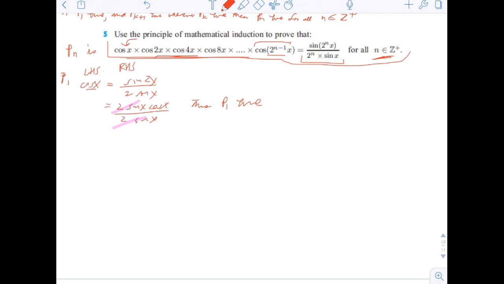The step case is to take this expression and just replace the n's with k's.